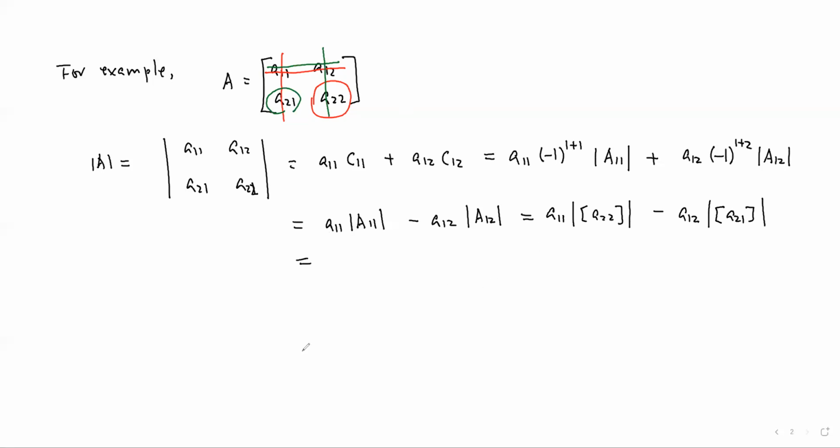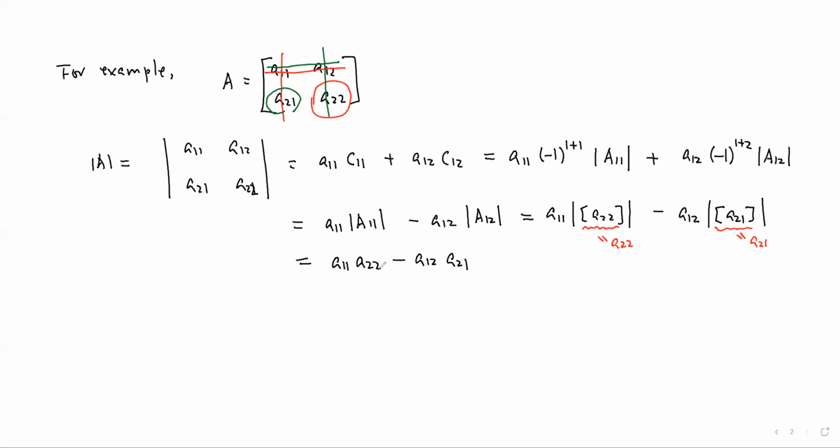For a 1 by 1 matrix, the determinant is just the entry itself. Therefore, the determinant of a 2 by 2 matrix is this number, A11 times A22 minus A12 times A21.